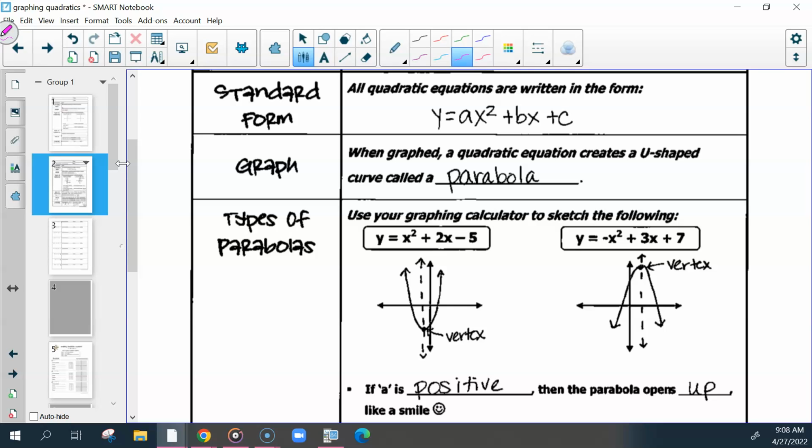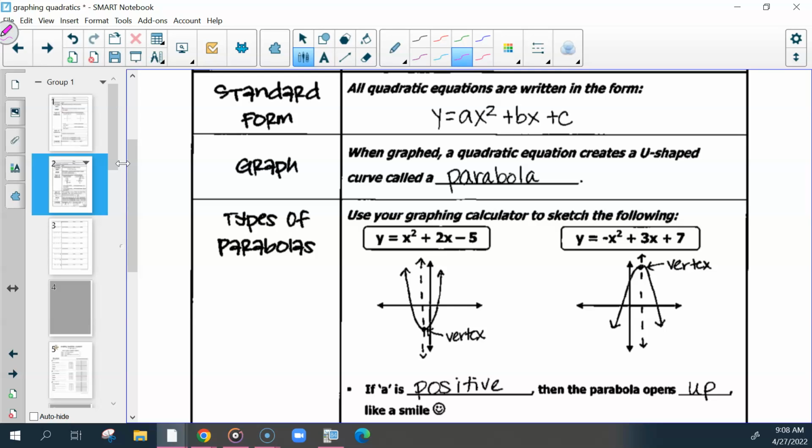When we talk about quadratics, they're going to be written in this format: y equals or f of x equals ax squared plus bx plus c. Anytime we graph a quadratic, it makes a U shape, either up or down.